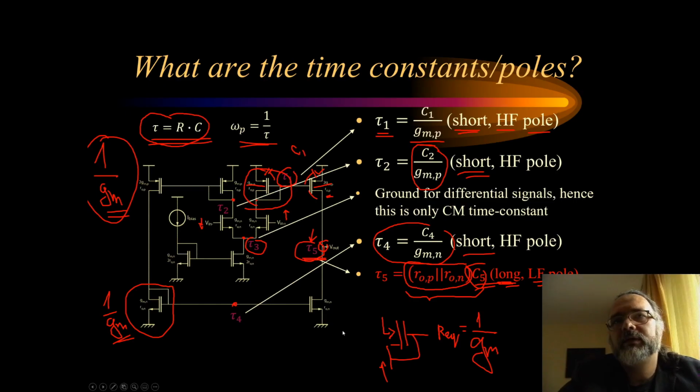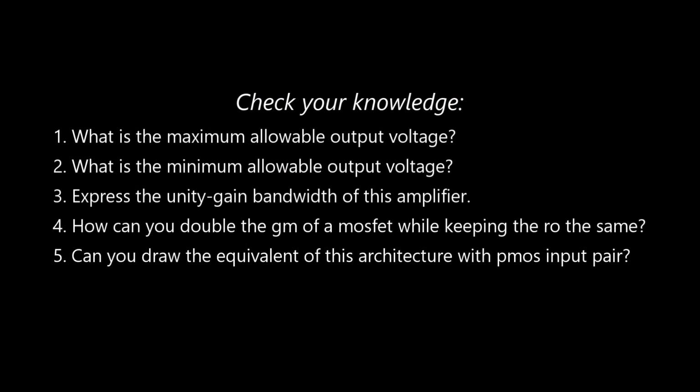It was here at the output voltage. All the other poles, all the other time constants, are short or high frequency poles. Hence, this architecture behaves as a single-stage amplifier.